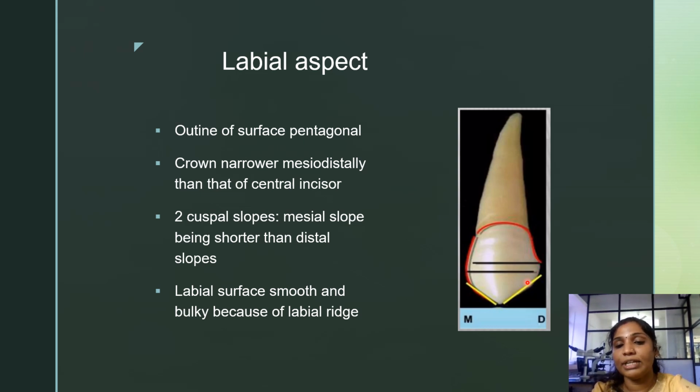This tooth has two cuspal slopes, mesial slope and distal slope, and the mesial slope is shorter compared to the distal slope. The labial surface is smooth and bulky because of the prominent labial ridge, a ridge extending from the cusp tip to the cervical region.